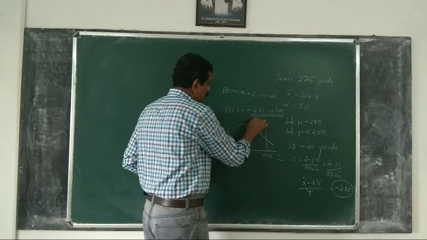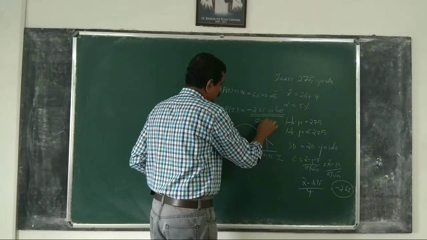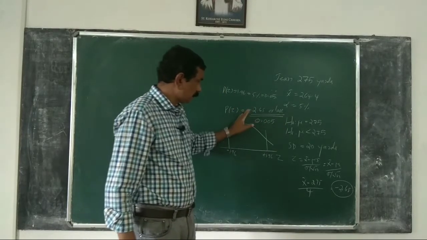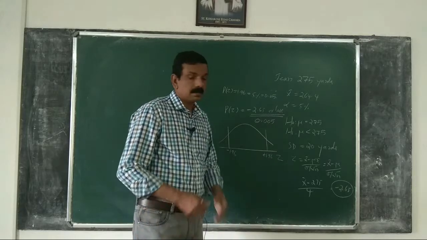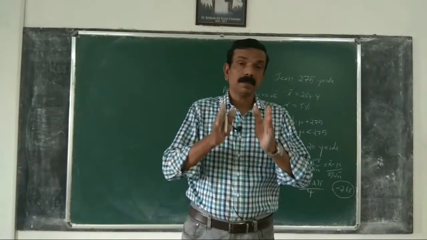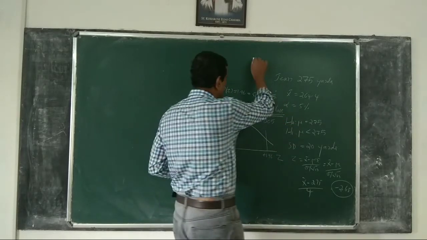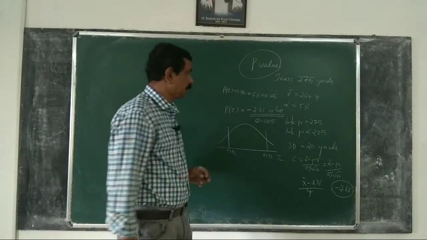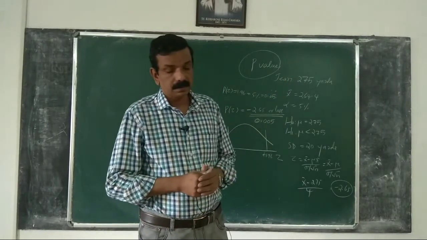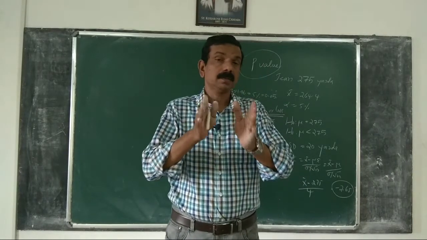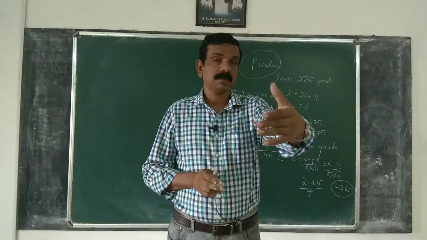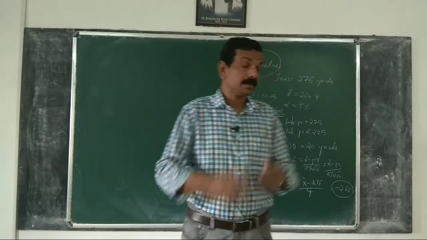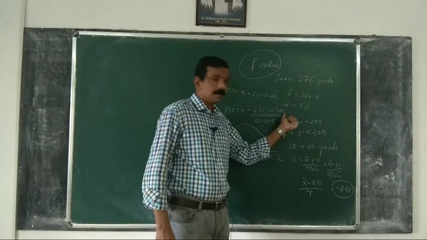Let it be 0.004. That is, the probability that Z is equal to minus 2.65 or less is 0.004, and this probability is called the p-value. So what is the p-value? The p-value is the actual probability of the observed value of the test statistic.